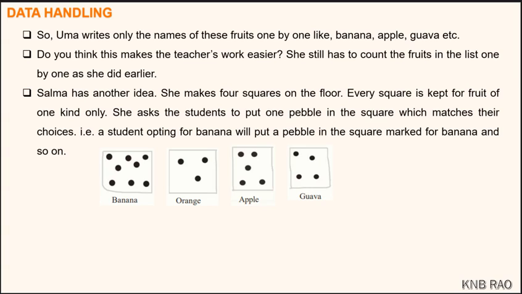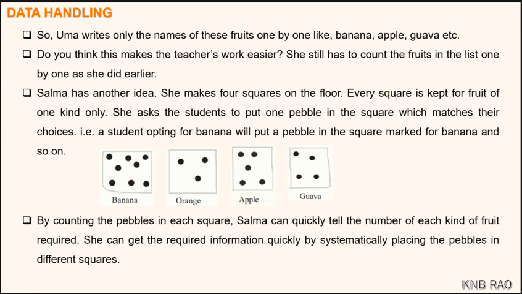guava box contains 4 pebbles, and obviously now I am able to tell counting just by looking at the figure. That figure is enough for us to count quickly. Don't you think this is an easy process of counting? Yes.